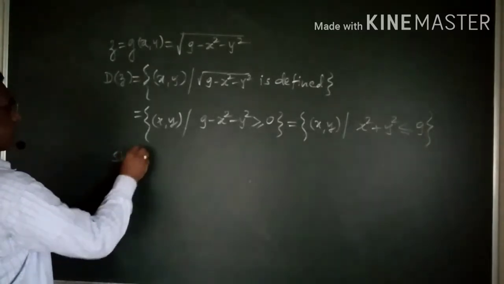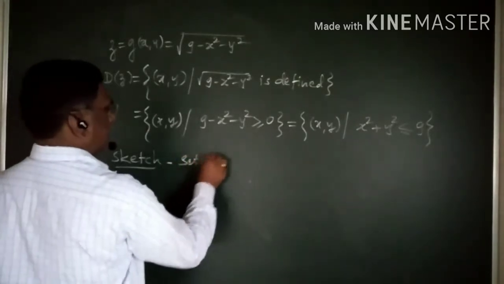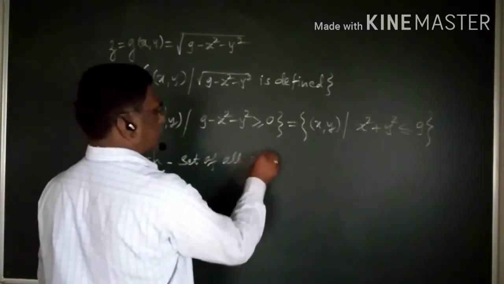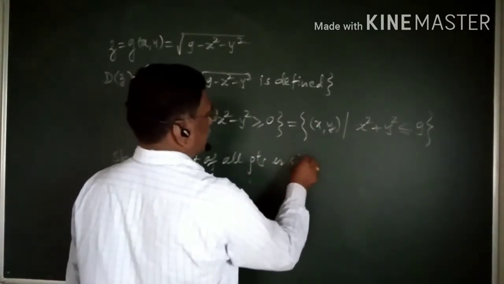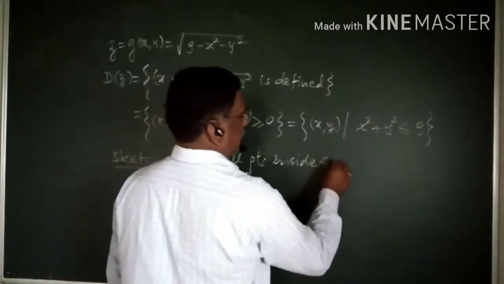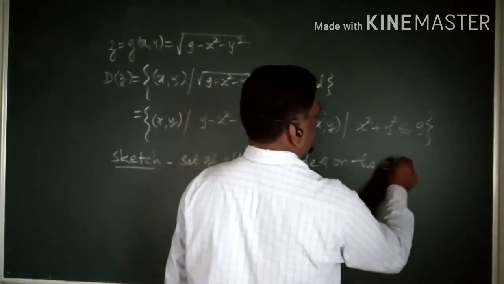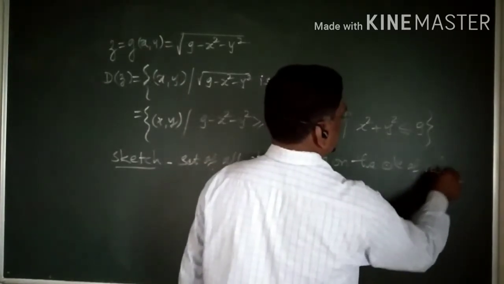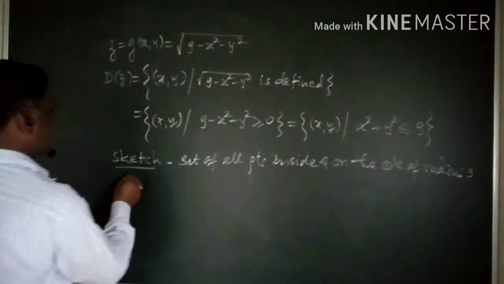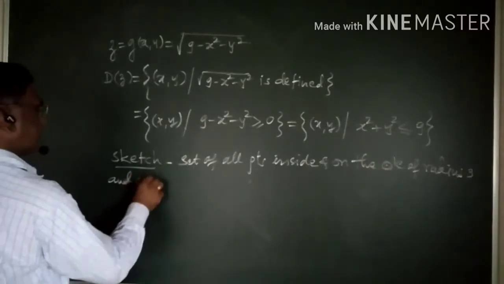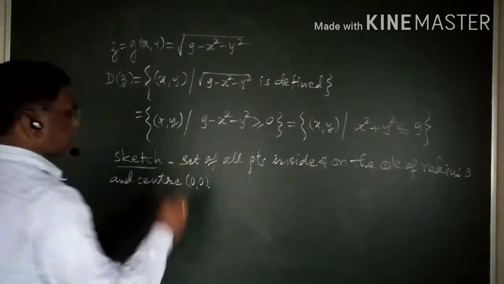We know what the sketch is. The sketch gives the set of all points inside and on this circle of radius 3 and center 0, 0.